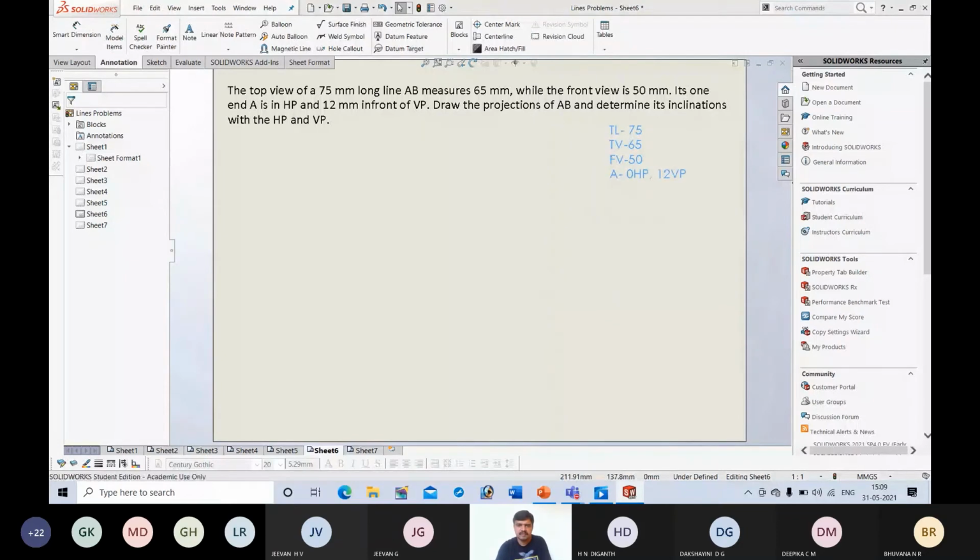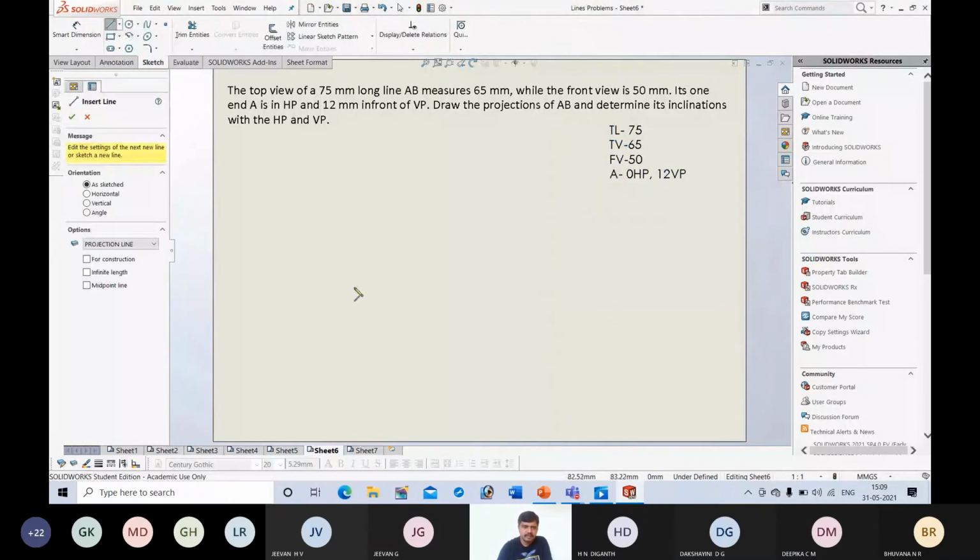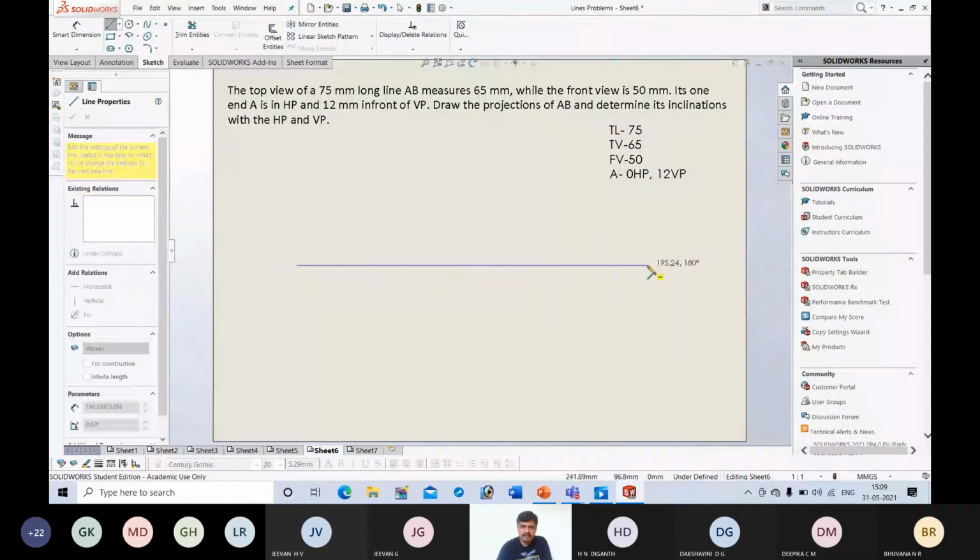Again I will show the procedure. First draw the XY line.